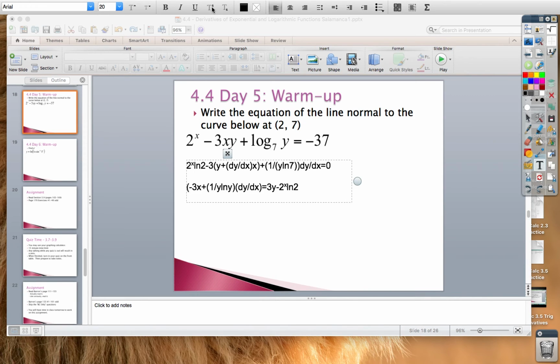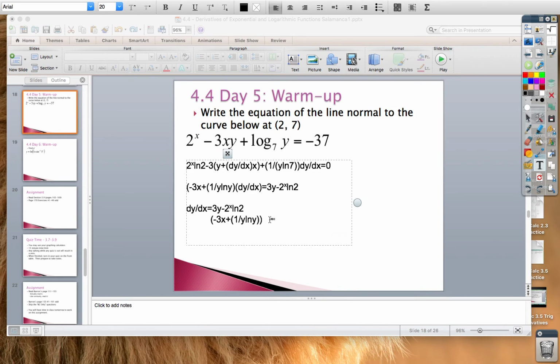We are going to now divide to get dy/dx by itself. Notice all I'm doing is copying and pasting at this point: that original numerator divided by this denominator.